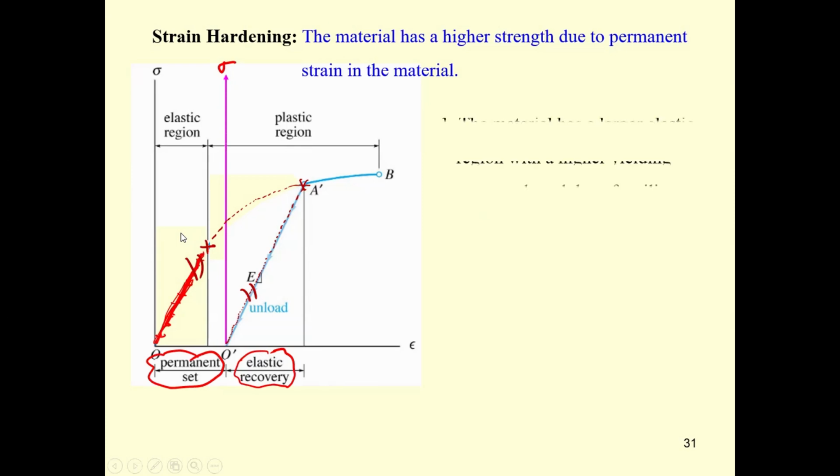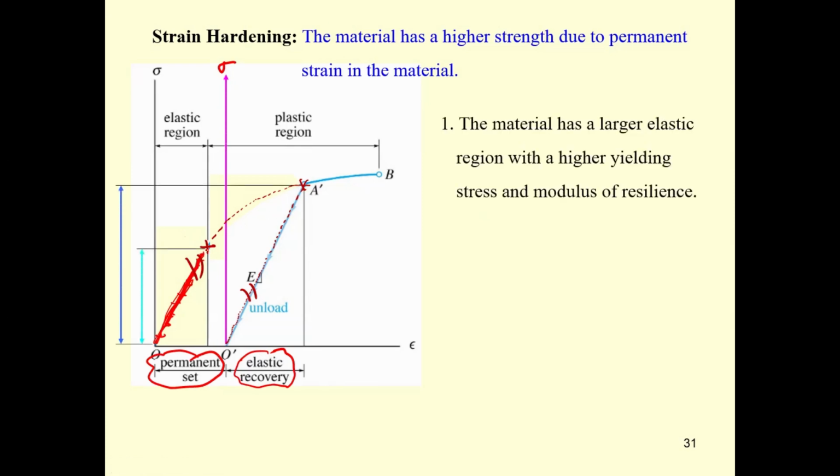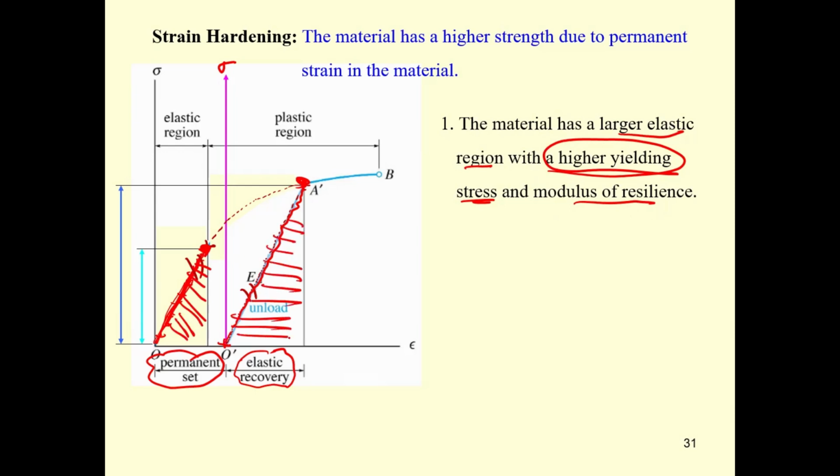And due to this, you can see the yielding from this point now changing into a larger one. So due to the strain hardening, we have a larger elastic region and also higher yielding stress. Okay, and also higher modulus of resilience, which is the area of this linear elastic behavior, the new triangle larger than the O1. So modulus of resilience is going to be larger.